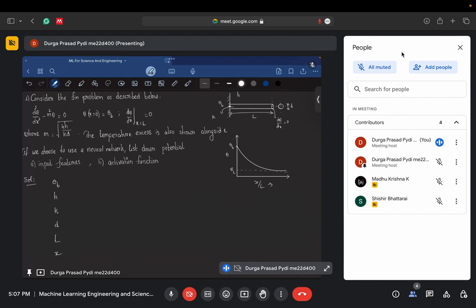differential equation. Now if you want to use a neural network like we discussed before, most often you have to normalize these features before actually feeding them to the neural network. So how do I normalize this?